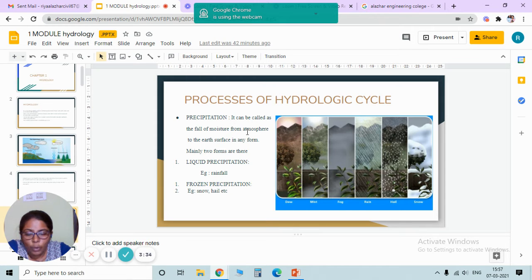Any fall of moisture from the atmosphere to the earth is known as precipitation, and there are two types of precipitation. One is liquid precipitation and the second one is frozen precipitation. Rainfall is an example of liquid precipitation, and snow or hail is an example of frozen precipitation. In the picture you can see different types of precipitation.